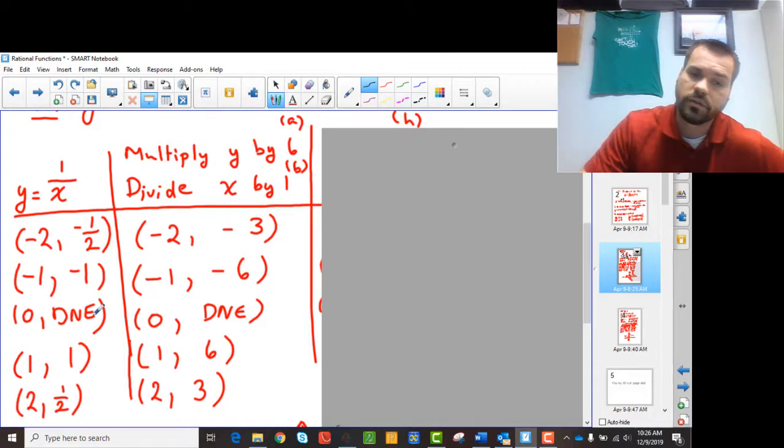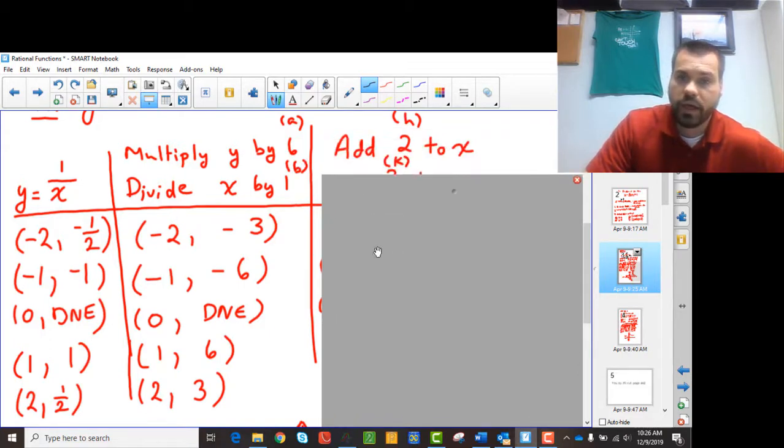It's at x equals 0. You can't multiply something that doesn't exist, so we just leave it as does not exist. And then we multiply 1 by 6, and 3 comes from 6 times 1/2. So we multiply by a, and we divide by b. The x values are all divided by 1, which is why they're staying the same. If b was 5, they would all be divided by 5.